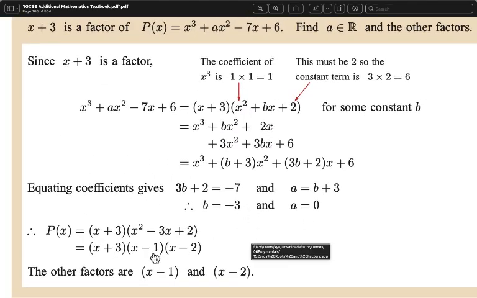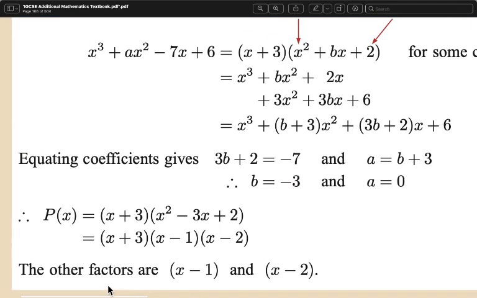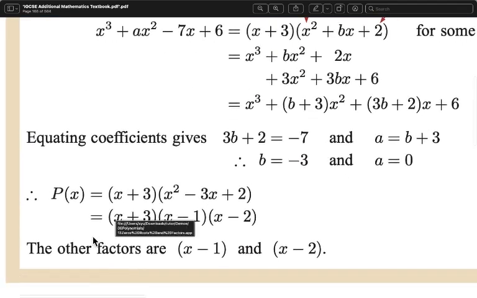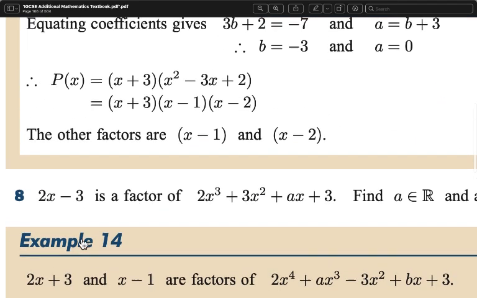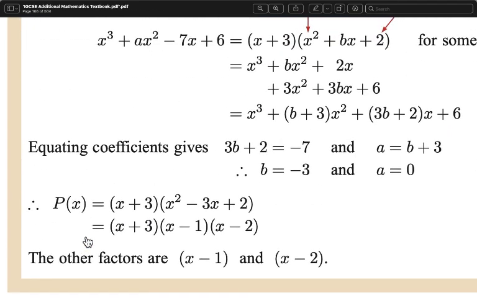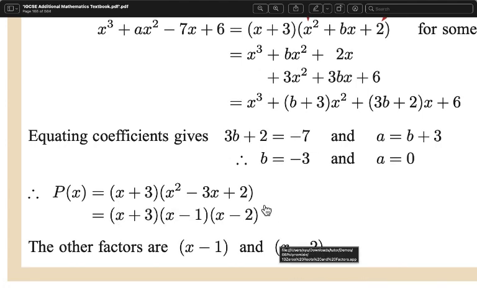And then putting the value into the equation and breaking it down, the final factors you get are x plus 3 times the quadratic function x squared minus 3x plus 2. Luckily, the quadratic function can keep breaking down, so there's no need for you to use the universal formula.